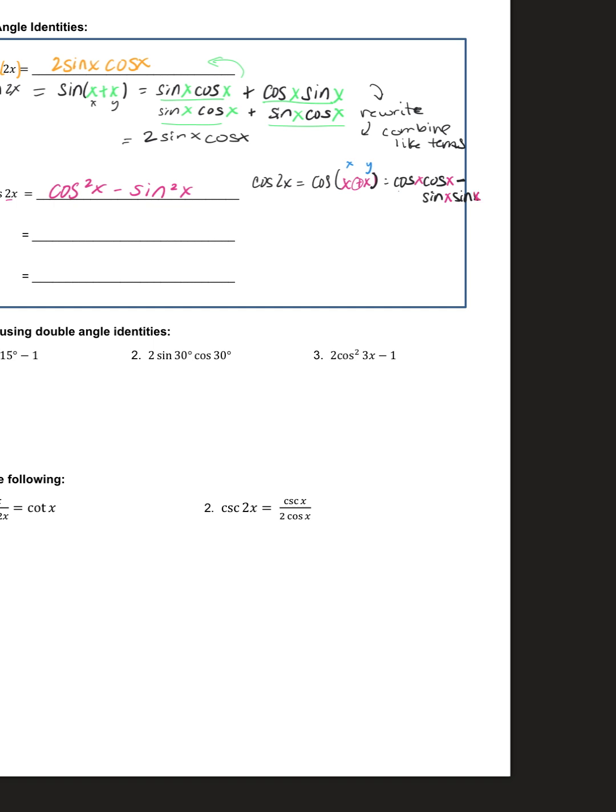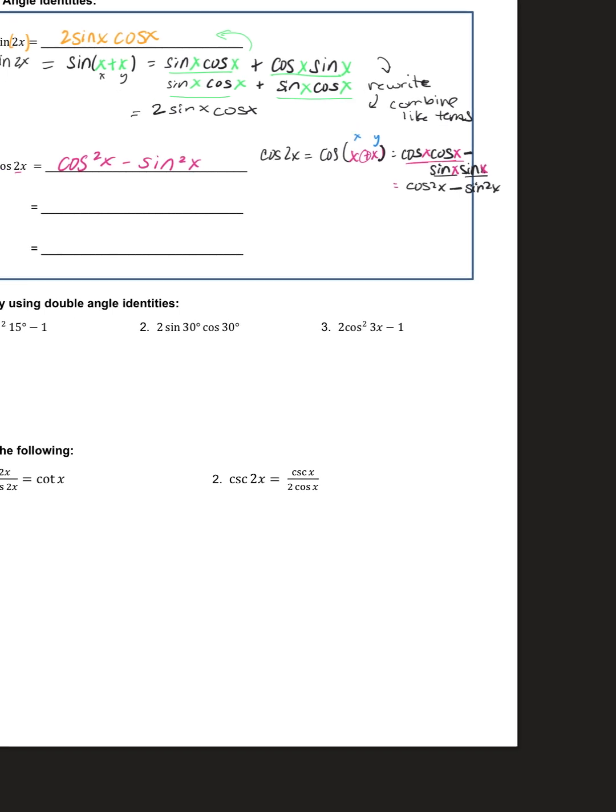Well, we know these are the same thing. So cosine x times cosine x will give me cosine squared x. Minus sine x times sine x is sine squared x. And that's why that equals that.